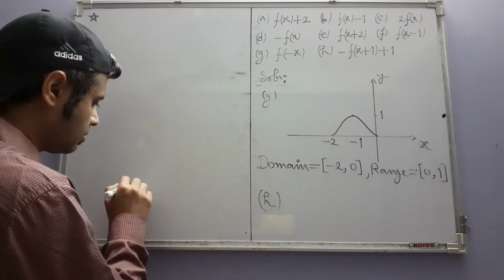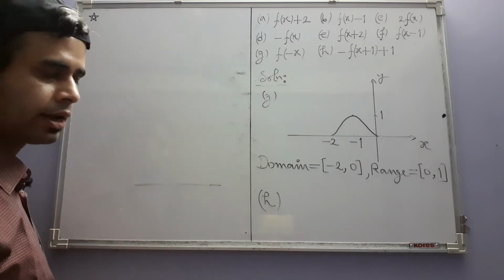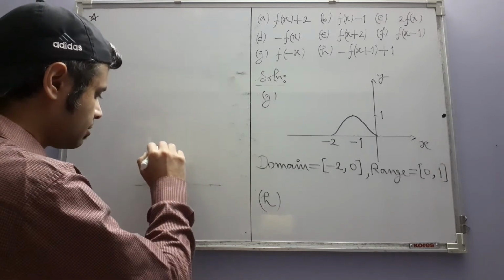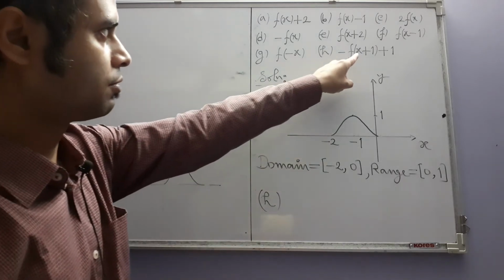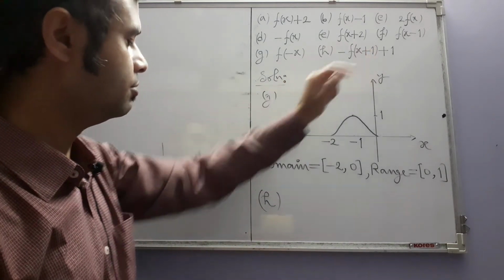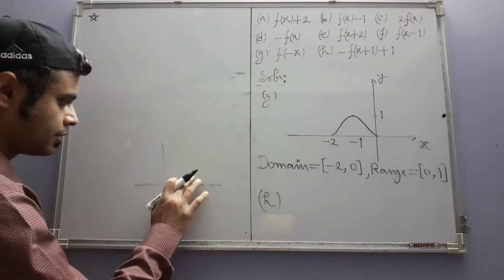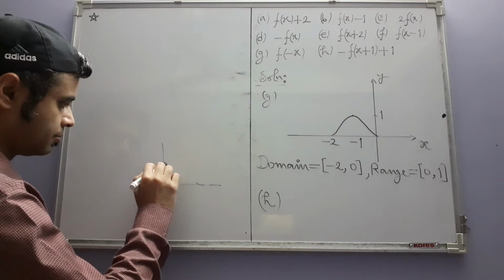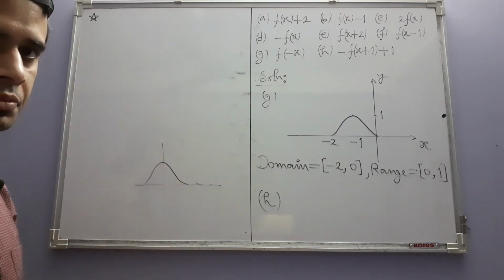So you can guess what is going to happen ultimately. This is our original graph now. What x plus 1 will do is that it will shift the graph to the left by 1 unit. So f of x plus 1 is this.